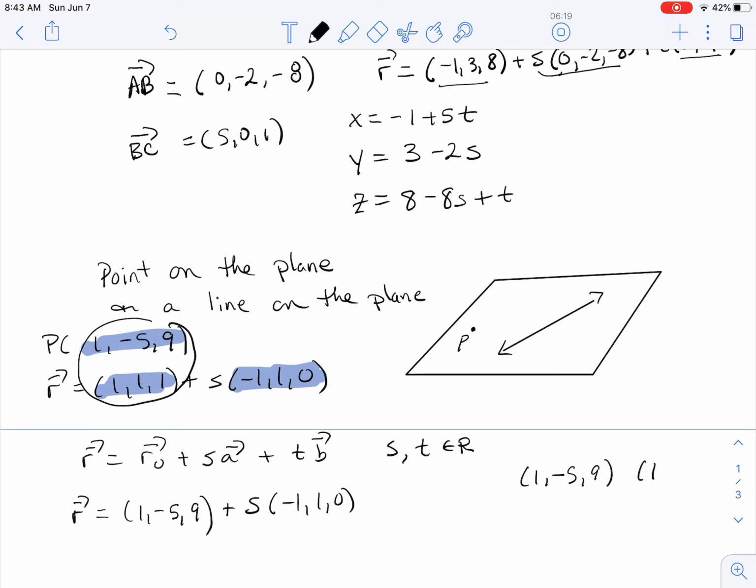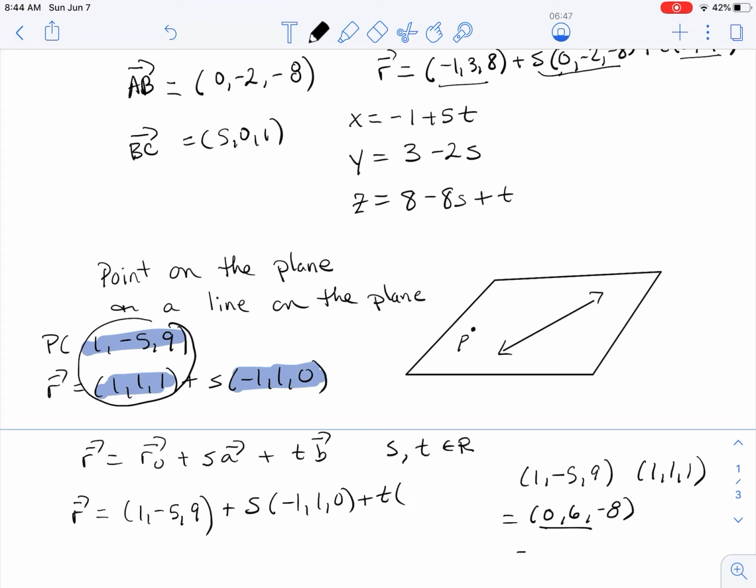I'm going to generate a vector based on those 2 points, which now we know lie on the plane. So I'm going to do the changes in all the components. I'm going to get 1 minus 1, then 1 minus minus 5, which is 6, and then 1 minus 9, which is minus 8.